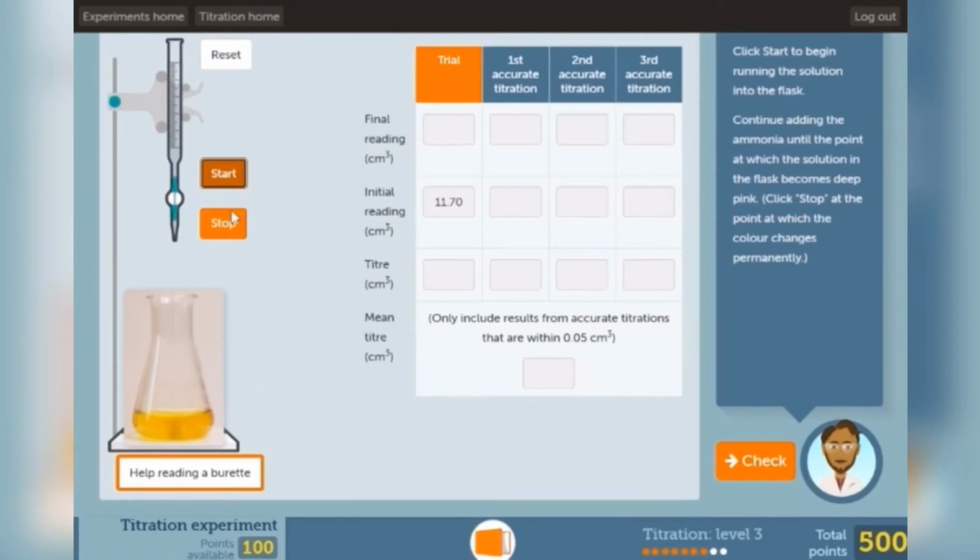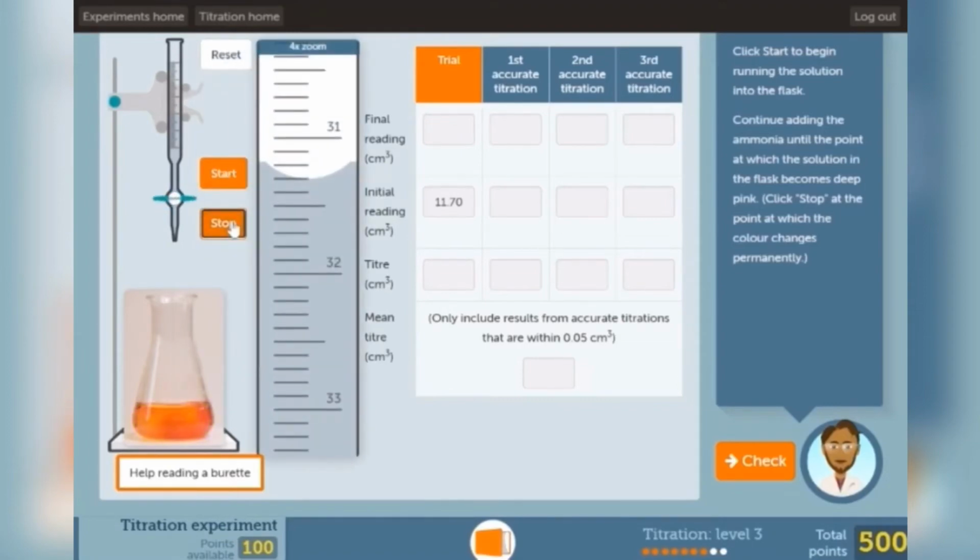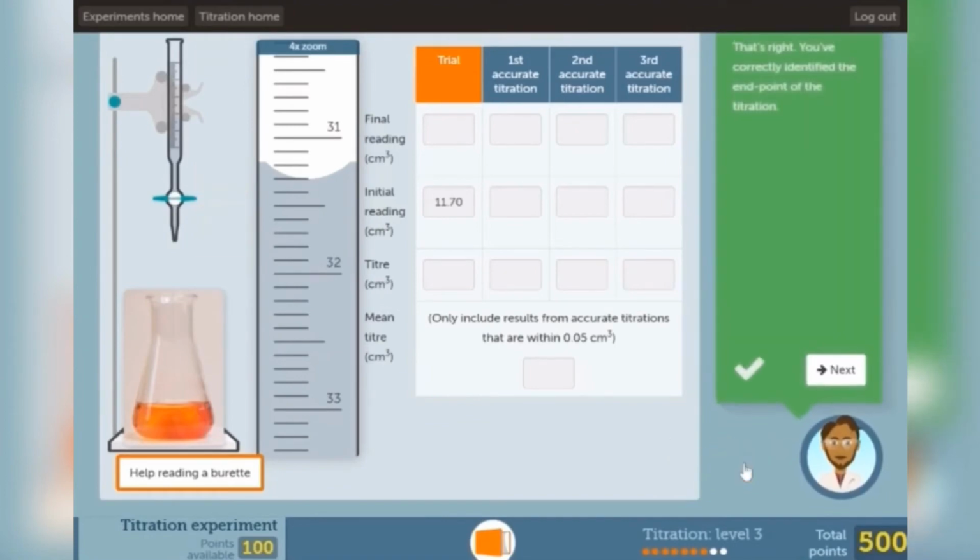Now add the acid until the point at which the solution in the flask becomes deep pink. So the final reading is 31.30 cm³.